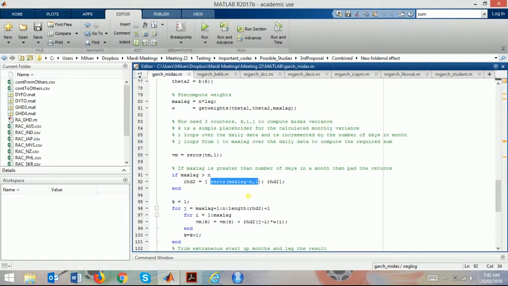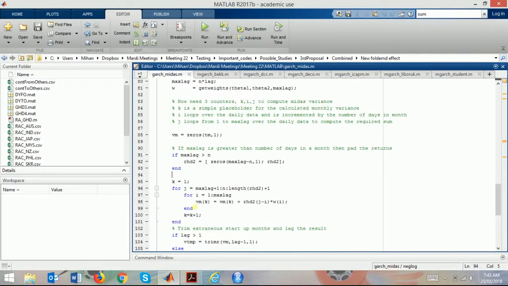Suppose it has 24 lags and 22 days, so 2 rows 1 column, there will be 2 zeros, then it will start. So we stack into the column as many zeros as the lags exceed the number of days, to start with.